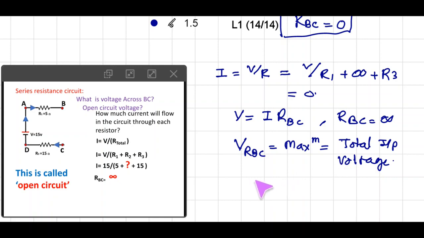In this case, the voltage across BC is equal to 15 volt. So remember that the resistance between B and C is infinite, and it is very large compared to this and this resistance. So no potential drop or voltage will appear across R1 and R3. Total voltage will be across BC.